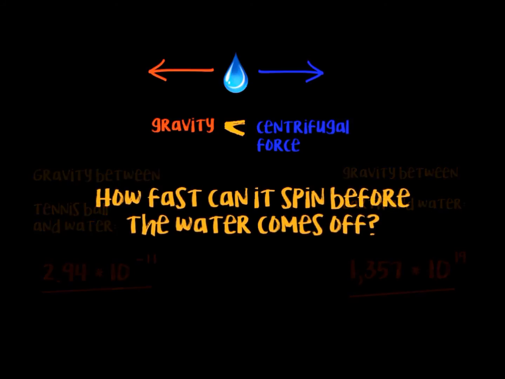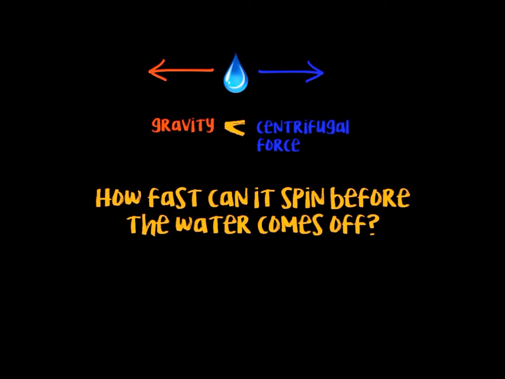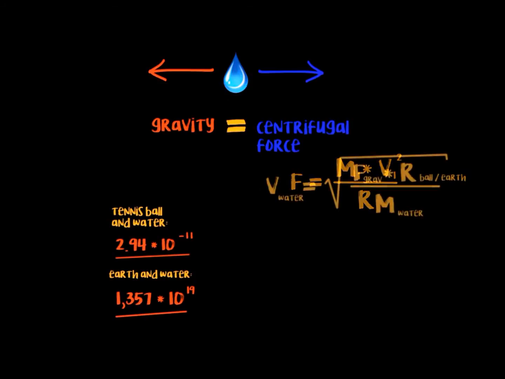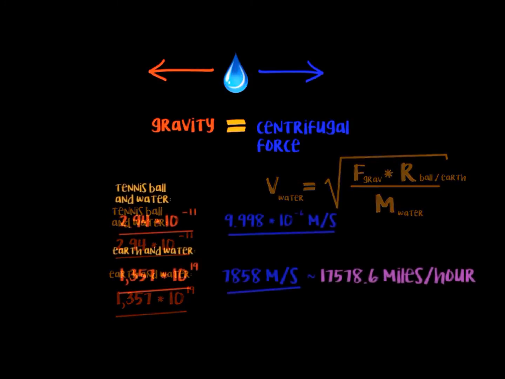But we wanted to know how fast they can spin before they're spreading their water into space. So let's look on the right side of the equation, the side of the centrifugal force. We set it equal to gravity, put in the values and see what comes out.